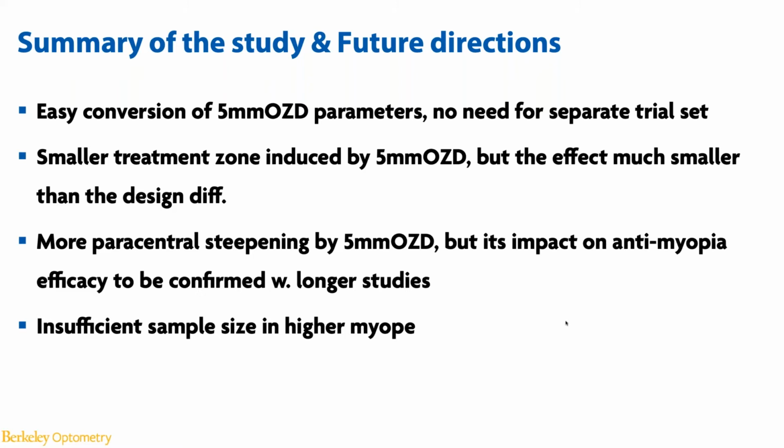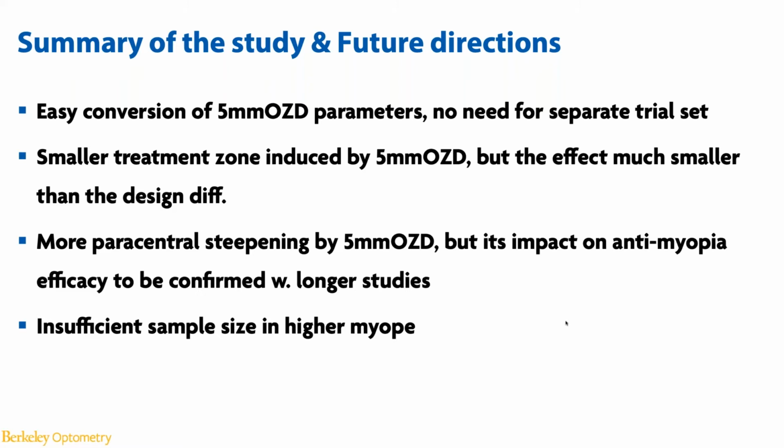So this is a quick summary of what we have learned from this study and how it provides some insights into future directions for research projects. For all of the subjects we fitted in the study, I did not use any diagnostic lenses of the 5mm OZ; instead we did a very quick and easy conversion, which is something Kelly will be sharing after this part.